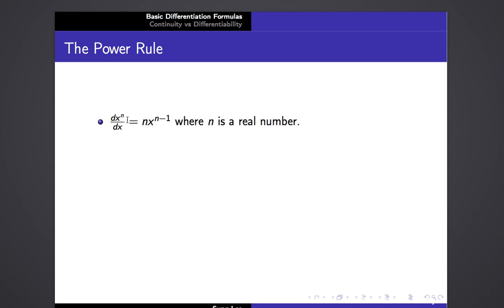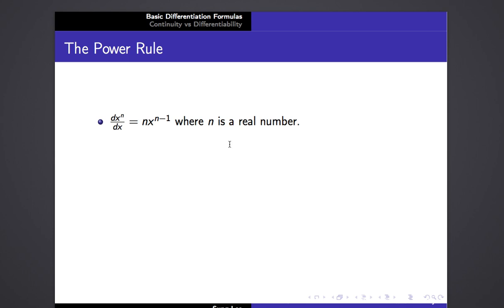The derivative of x to the power n with respect to x is given by n times x to the power n minus 1, where n is a real number. So this power rule works for any real exponent n.